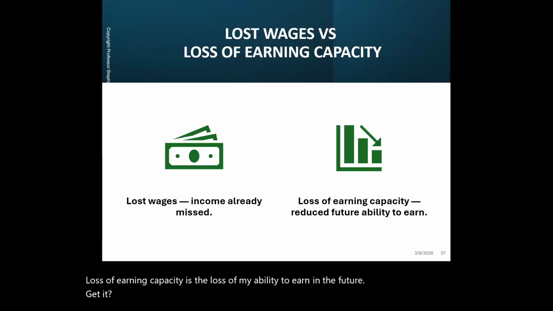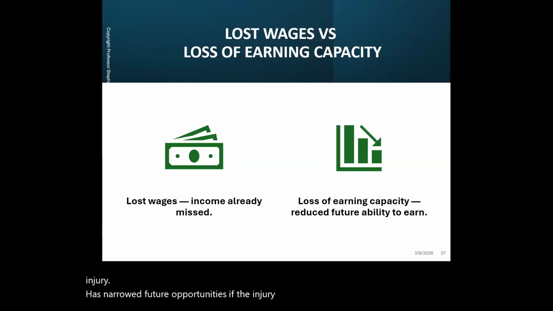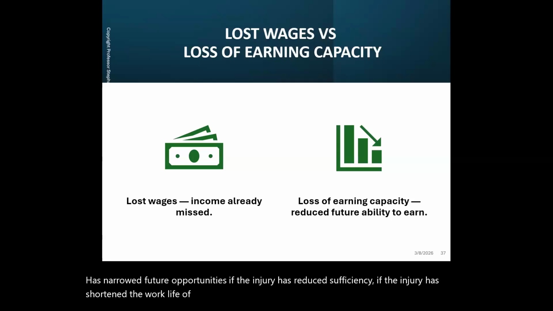While a plaintiff may return to work and still recover for diminished earning capacity, if the injury has narrowed future opportunities, if the injury has reduced sufficiency, if the injury has shortened the work life of the plaintiff, then that is going to have a direct impact on their ability to earn in the future.